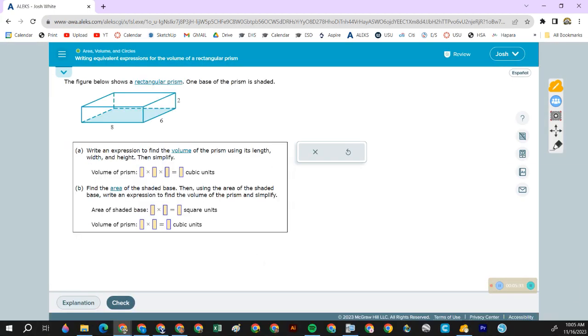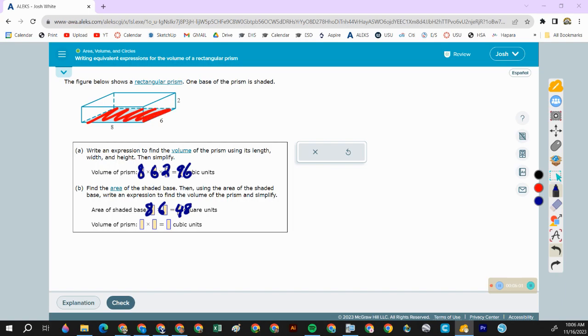All right. What is the volume? 8 times 6 times 2 is 12 times 8 is 96. What is the area of the shaded base? 8 times 6, which is 48 square units. And the volume of the prism can be given by this area, 48, times this height of 2.